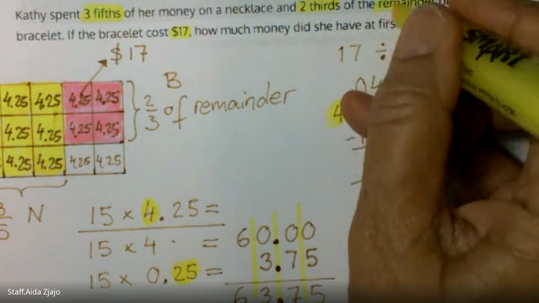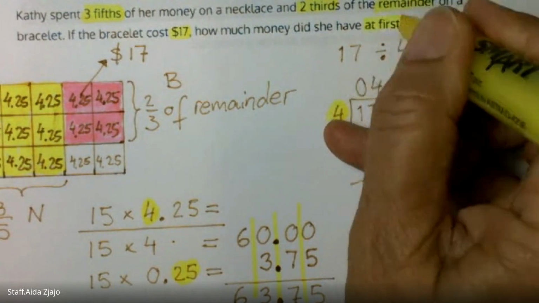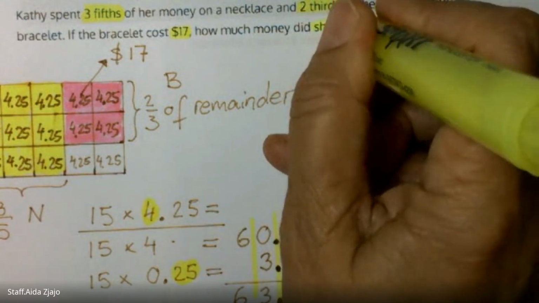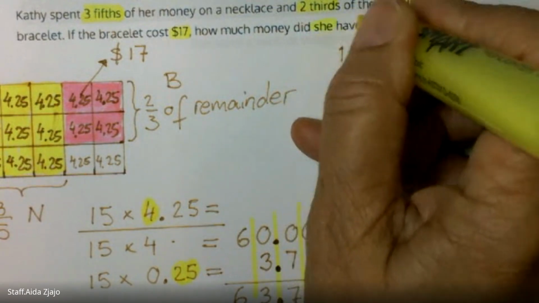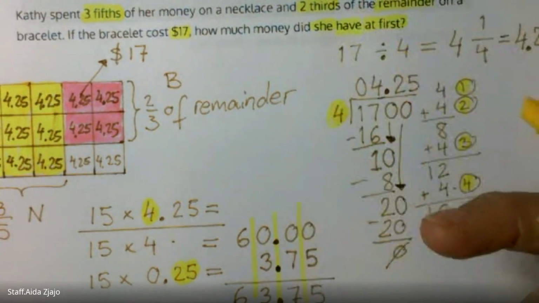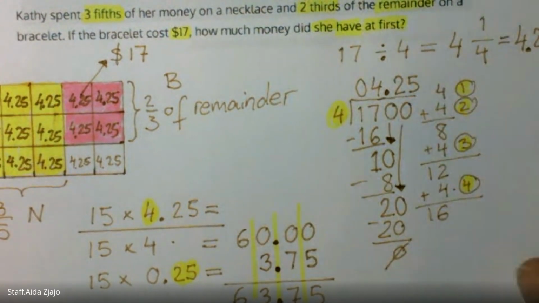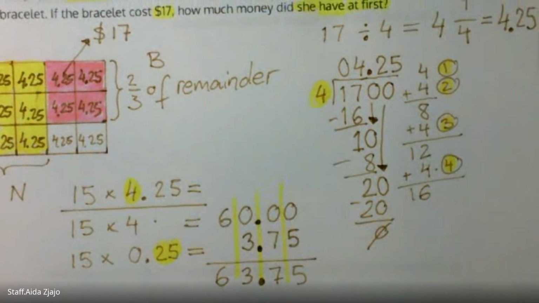We can say that at first she had, instead of have, we can use had. She had $63.75, right?